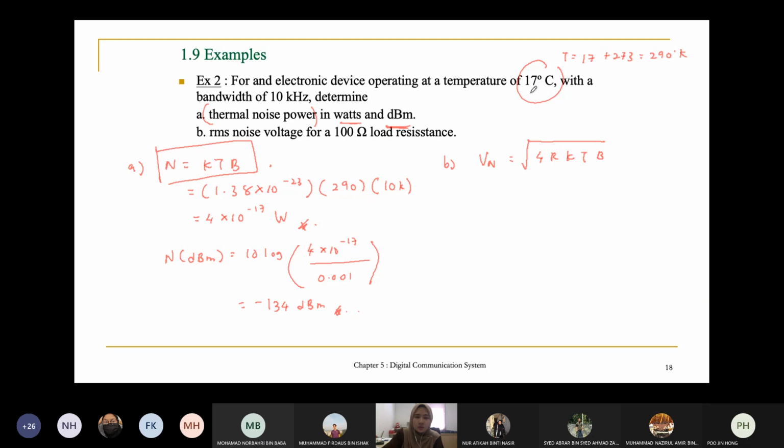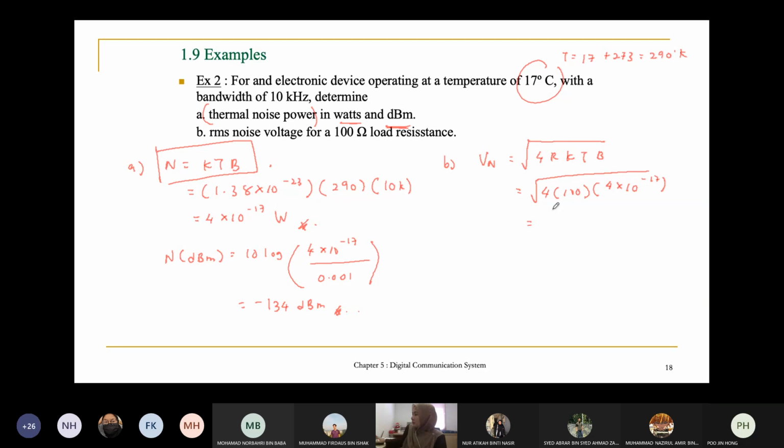So just put in the values. R is 100. This is kTB, 10 to the power of 17, square root.